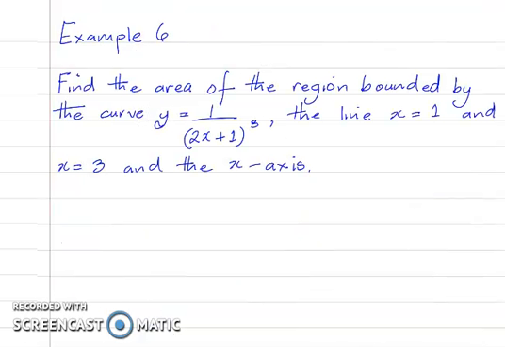Example 6 says find the area of the region bounded by the curve y is equal to 1 over (2x plus 1) cubed, the lines x is equal to 1 and x is equal to 3. So let's try and do a little sketch.